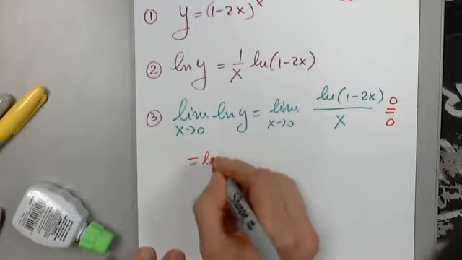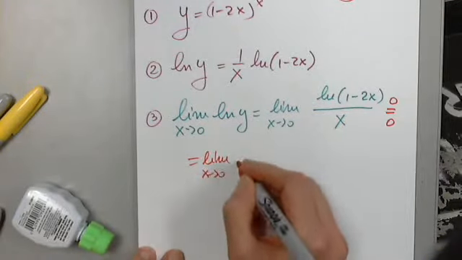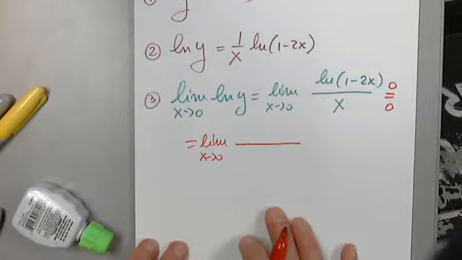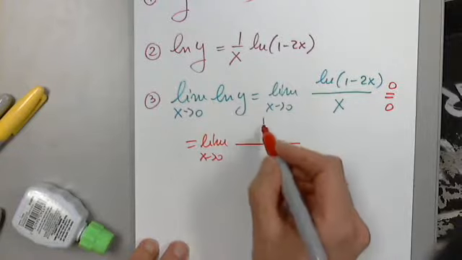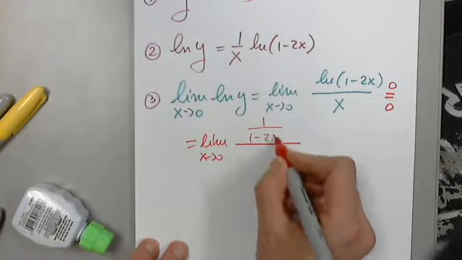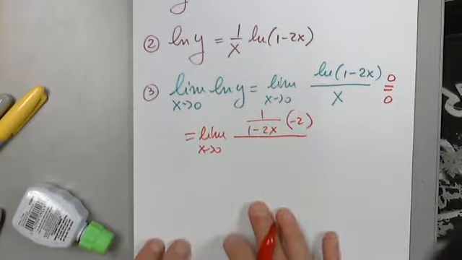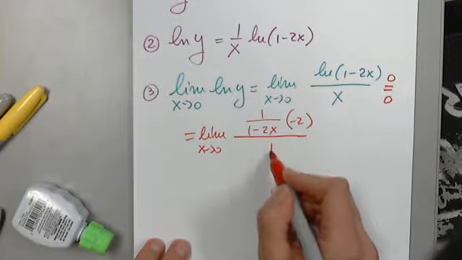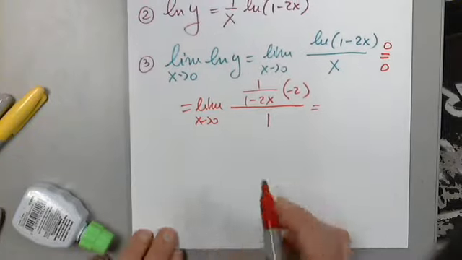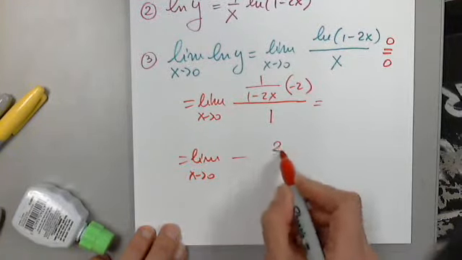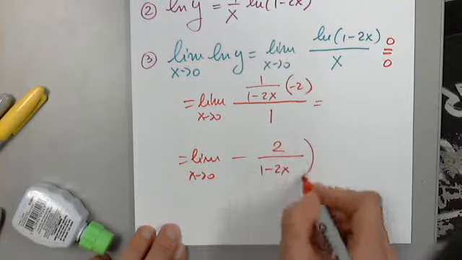Okay, so then limit as x approaches 0, the top is over, and multiplied by negative 2 and divided by. Perfect. So now let's rearrange this. It's limit as x approaches 0 of negative 2 over 1 minus 2x.